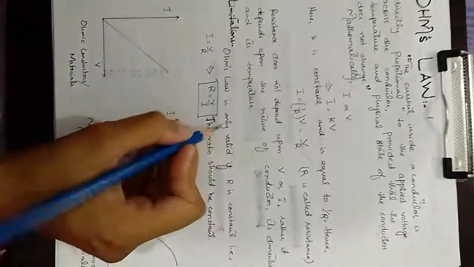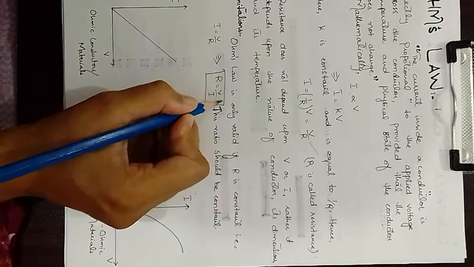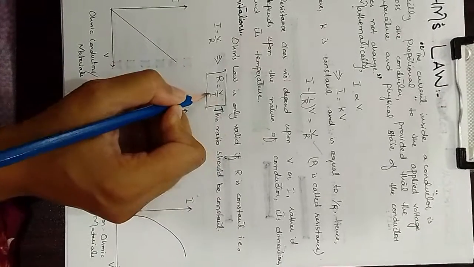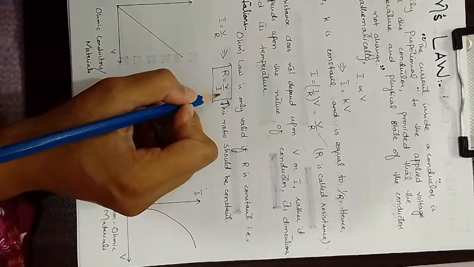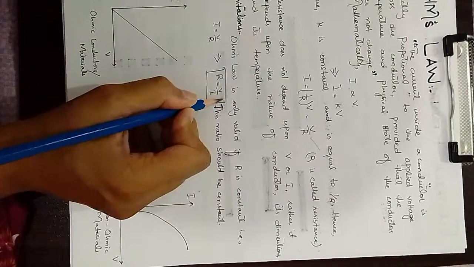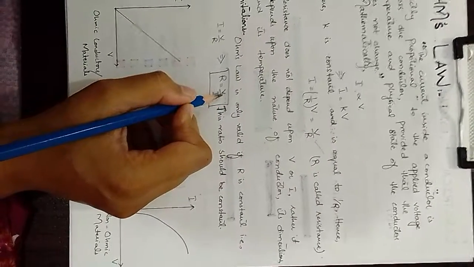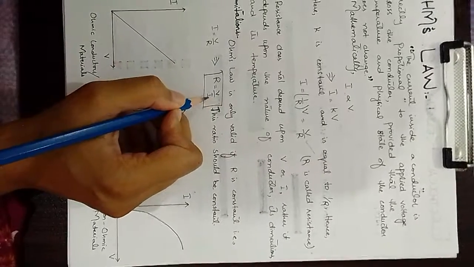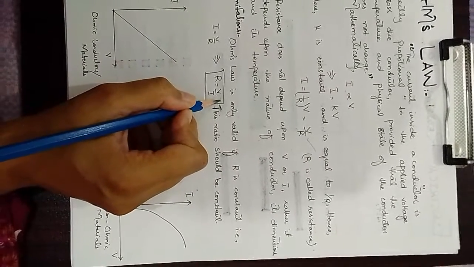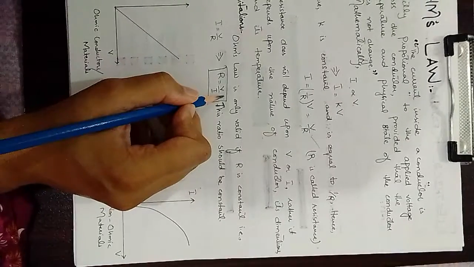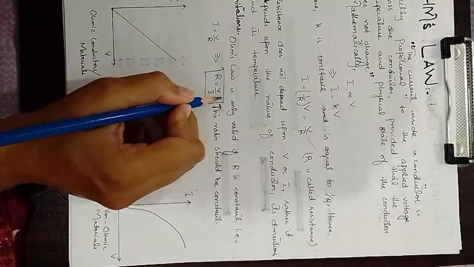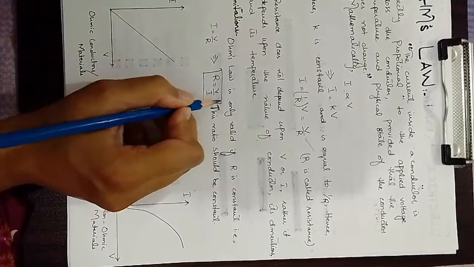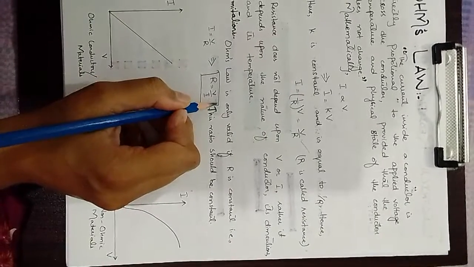For example, if at the start we had 6 volt of voltage and 3 ampere of current, the ratio would be 2. If in the next reading we have 12 volt of voltage and 6 ampere of current, then still the ratio would remain 2, because 6 divided by 3 is 2, and 12 divided by 6 is also 2.